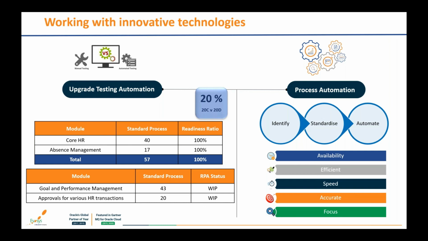Nonetheless, where we did the work, this 20% was passed back to customers, and we were able to focus on failed processes by reviewing and resolving any config issues that came out of those regression tests, and if necessary, alerting Oracle to any software-related issues that needed to be fixed. And the great thing about this is that it's not just about the time it saves us and our customers, it's also about the speed, or the elapsed time, in which the tests are done. So it gives us more time in that testing phase to make sure that we're ready for the new release.